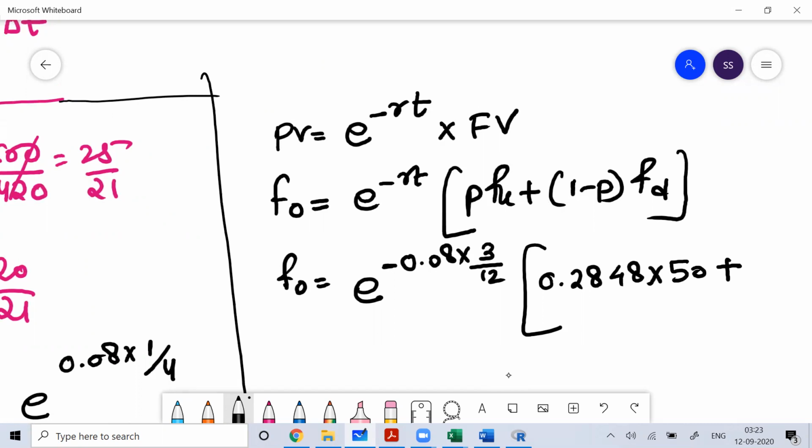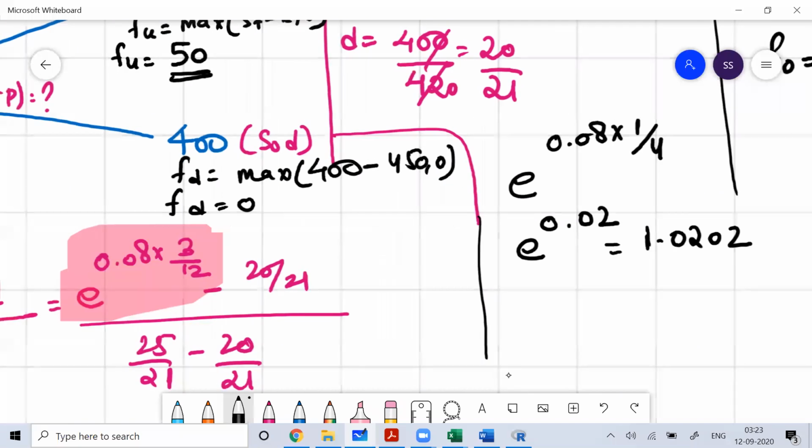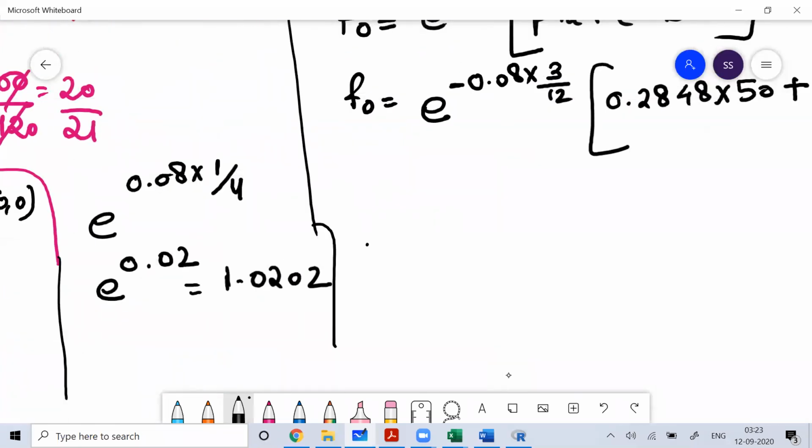Plus 1 minus p, which is 1 minus 0.2848, into fd. Fd is 0. This will give you the f naught value. This is e to the power minus 0.02 into this, which you can calculate. So 0.2848 into 50.